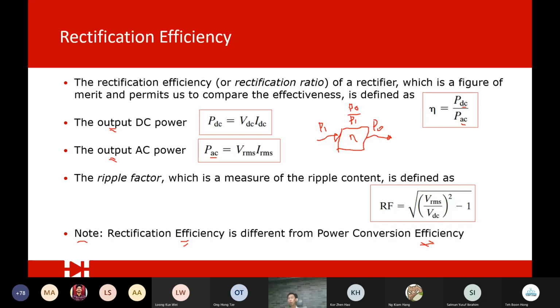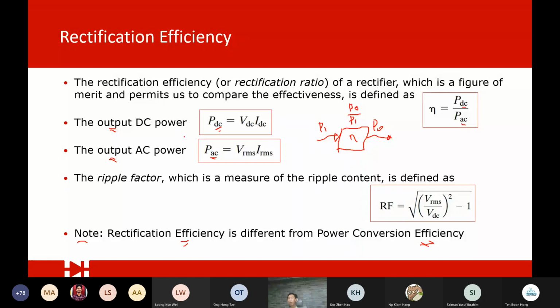These are the most common methods that people use to measure, and tell you, oh, see, my power converter efficiency is over 90% and so forth. Back to rectification: both are measured at the output, but the quantities are the DC quantity and the AC quantity, so we see how effective it is.